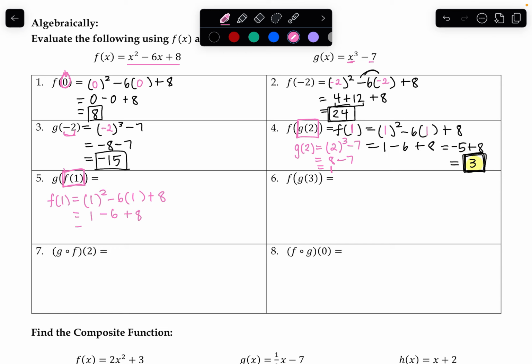Add 8. And we figured out that was 3. And so this problem becomes g of 3. And so now we get the rule for g, which is x cubed minus 7. And this time we're replacing the x with 3. 3 cubed is 27. Subtract 7, we get 20. So 20 would be our final answer.